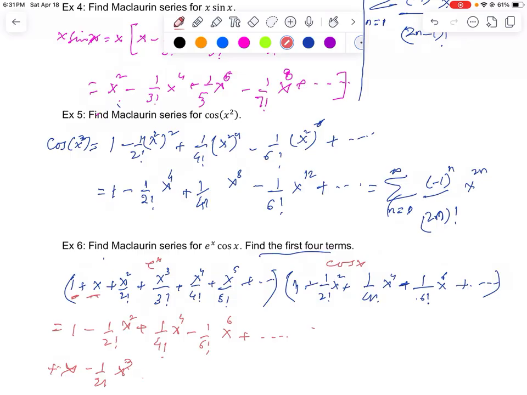Plus x multiplied by 1 over 4 factorial x to the 4 gives x to the 5, because we multiply by the x.